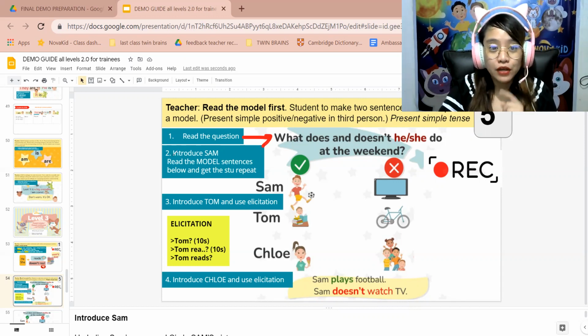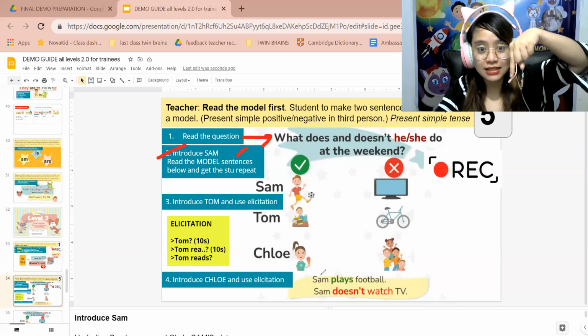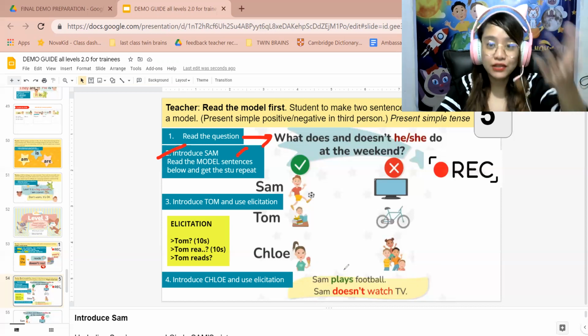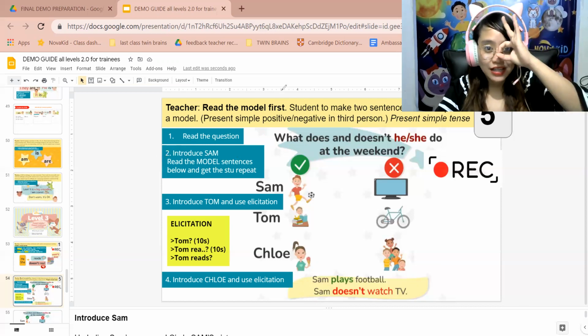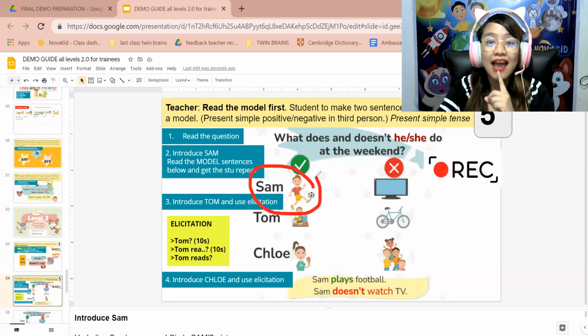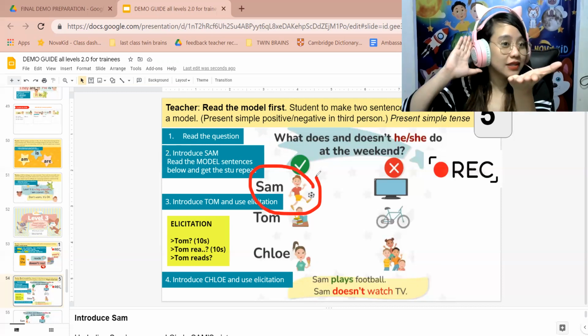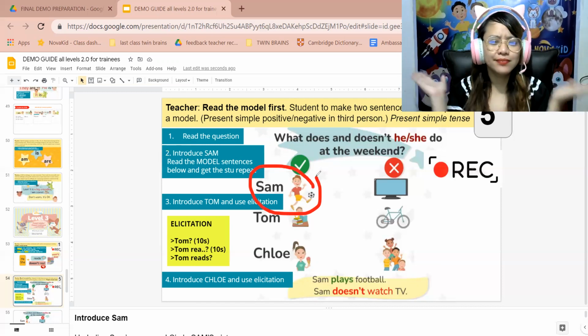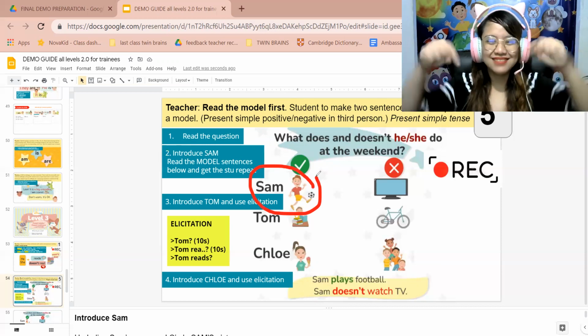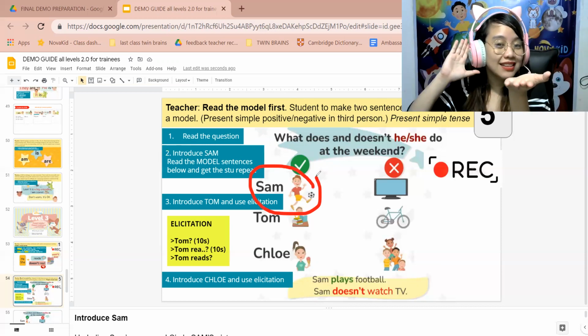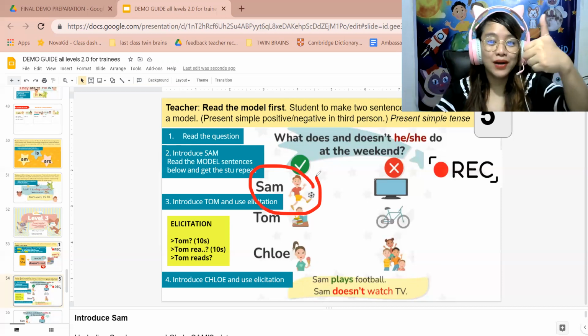Second step, you introduce Sam and then read the model sentences below and get the student repeat. Let's try it. Look, this is Sam. This is Sam. Wow. Who is this? This is Sam. Well done.